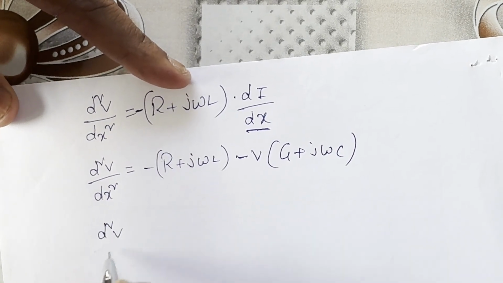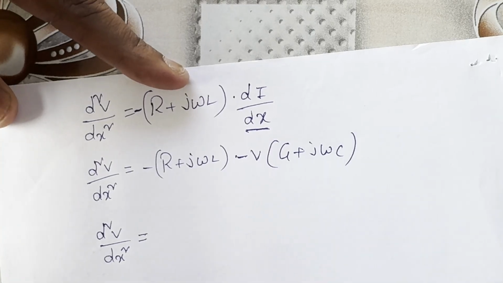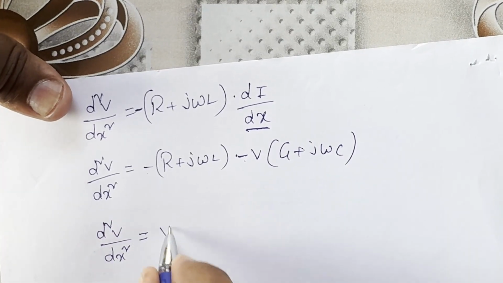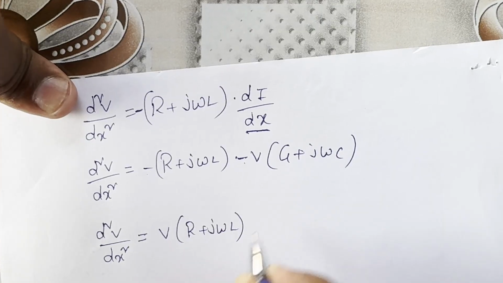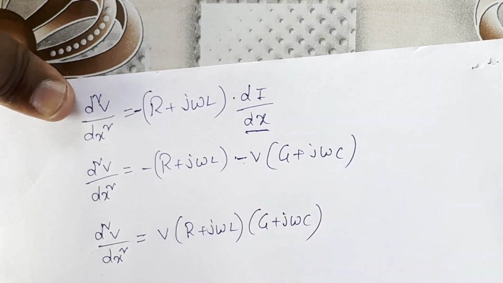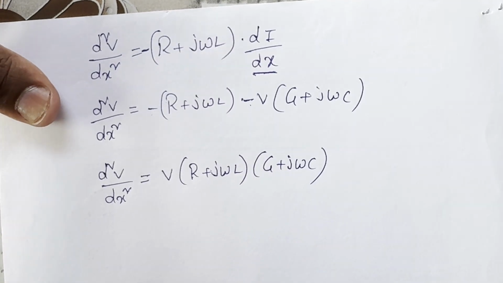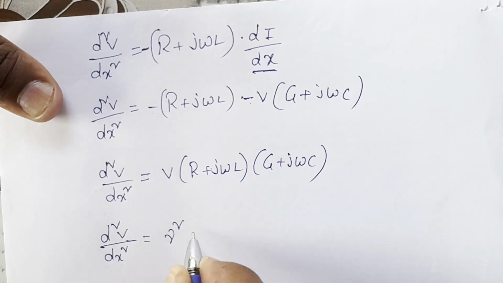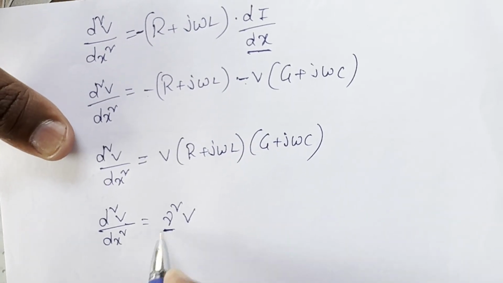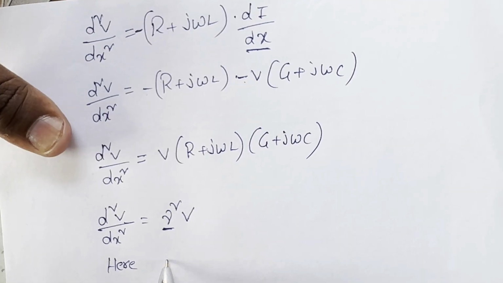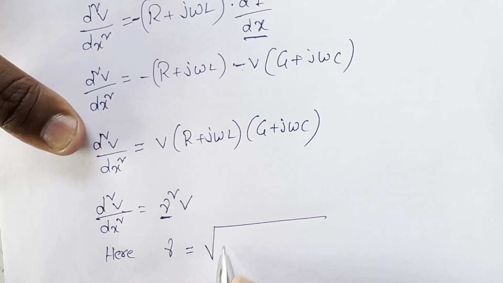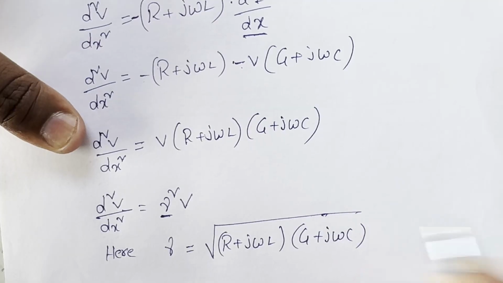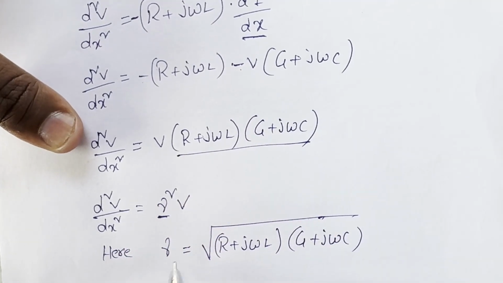Now d square V by dx square is equal to minus into minus, it will become plus V into R plus j omega L into G plus j omega C. And I am writing this as d square V by dx square equal to gamma square V. Here gamma is equal to square root of R plus j omega L into G plus j omega C. That means this value I am writing as gamma.